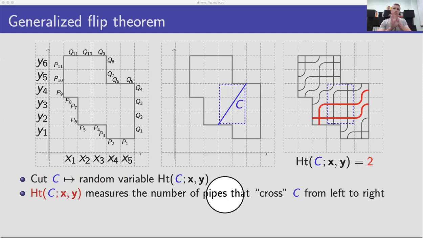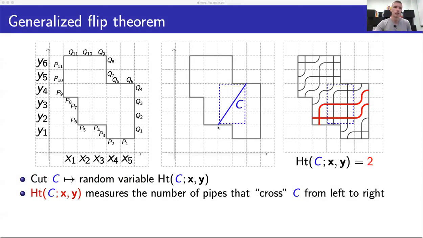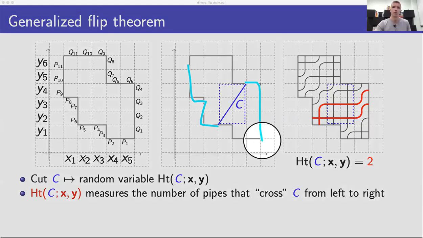Of course, they can cross several times, so the correct definition is that you count the number of pipes which start on this part of the boundary and then terminate on this part of the boundary. In this particular case, there are two such pipes shown in red, and so the value of my random variable is 2. That's the definition of this height function random variable.